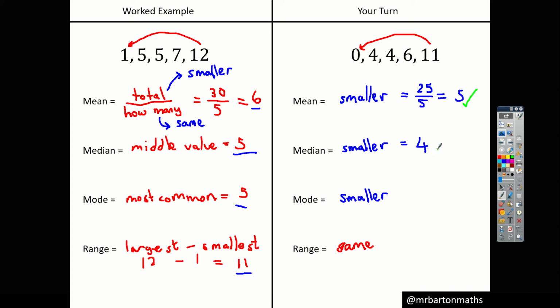So again, we've got that right, that's got smaller. The mode has gone from 5 to a 4, so that's got smaller as well. And the range, the new largest and smallest values are 11 and 0, and the difference between those is still 11.